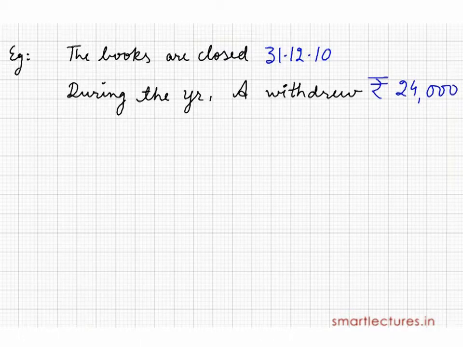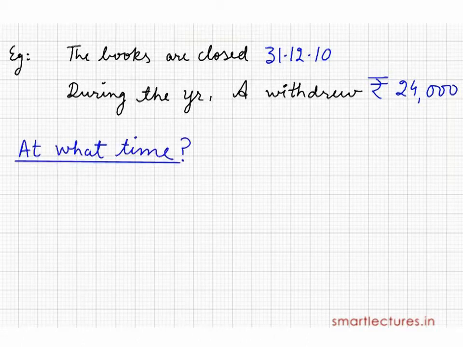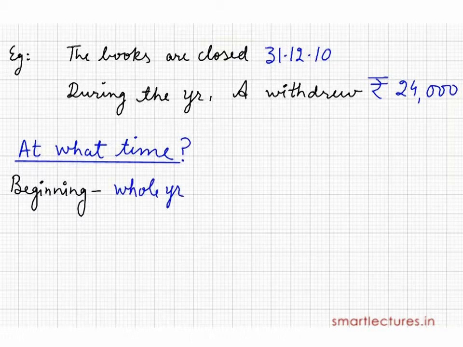But if in the question it is given that the books are closed on 31st December 2010 and during the year A withdrew 24,000 rupees as drawing, now the problem is we don't know at what time the money was withdrawn. If it was withdrawn in the beginning, then we'll calculate the interest for the whole year because he has used the money of the firm for the whole year.